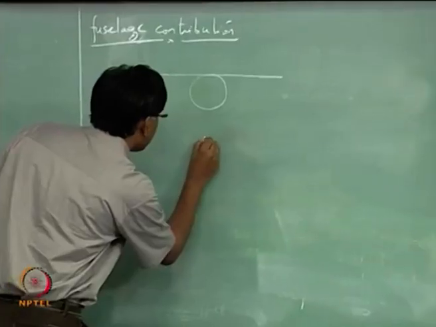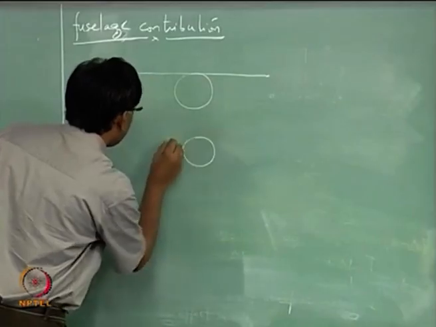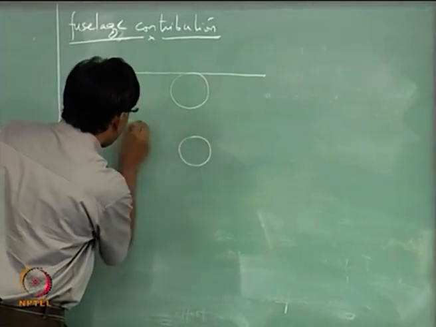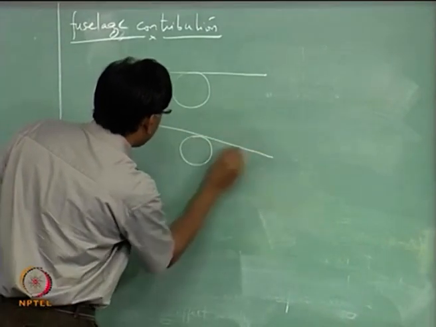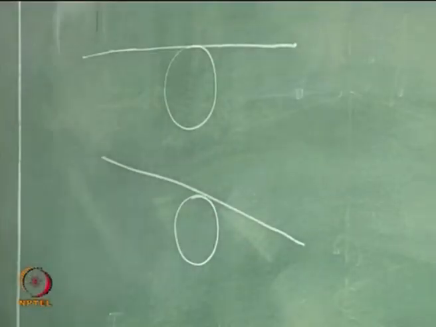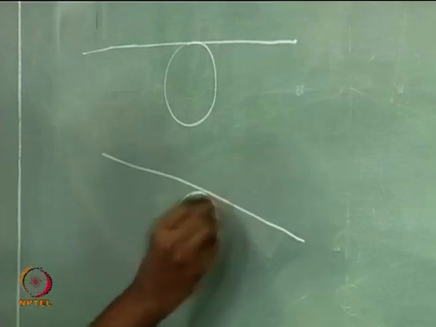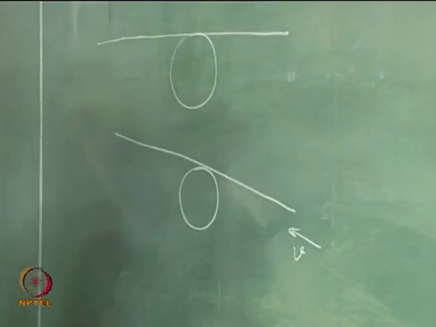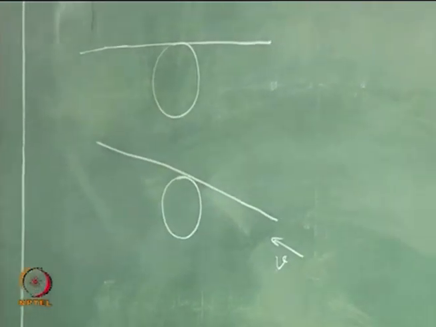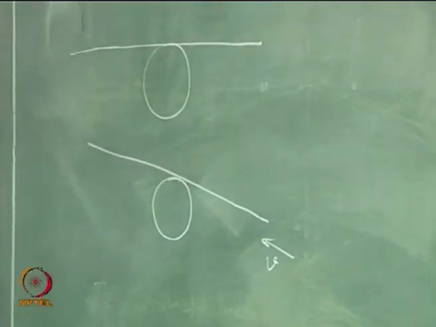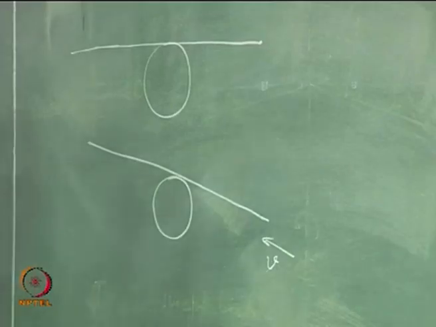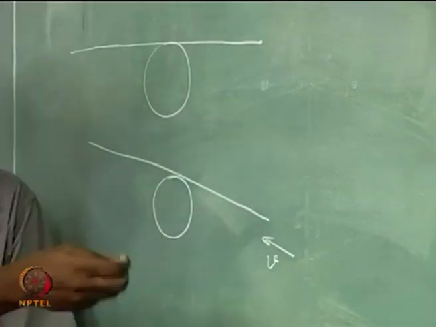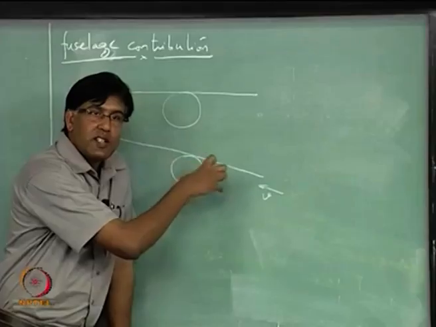So, now, and there is a velocity wind coming from the side, right. Let us see how typically air will move when this is the situation.